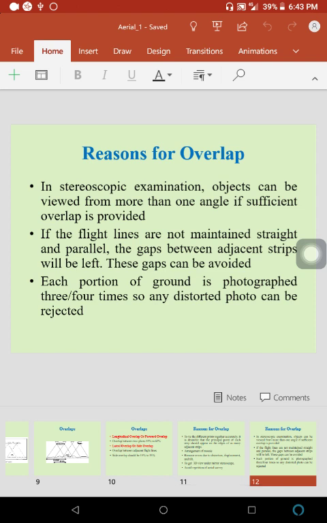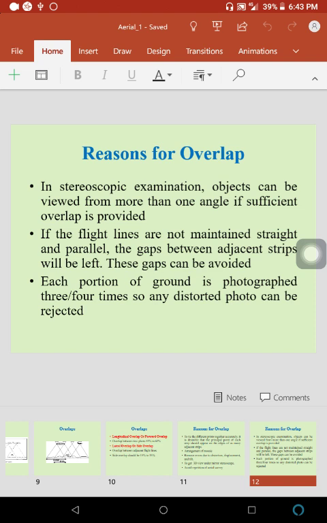In stereoscopic examination, objects can be viewed from more than one angle if sufficient overlap is provided. If the flight lines are not maintained straight and parallel, gaps between the adjacent strips will be left. These gaps can be avoided by having overlap in the lateral direction, so that no portion of the ground is left unphotographed.